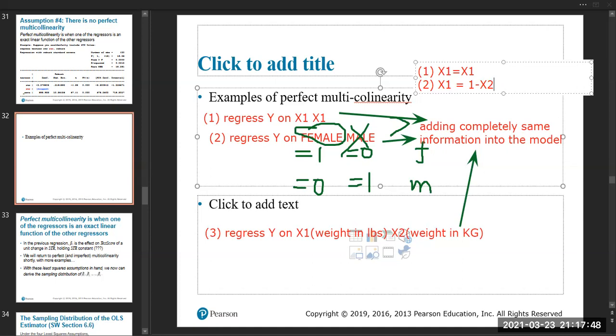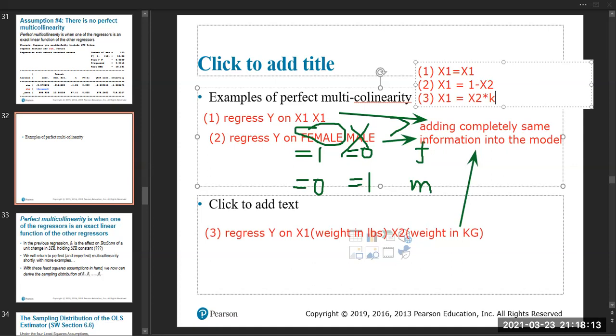And how about 3? x1 is x2 times a coefficient, let's say k, a kg to pounds conversion, which is 2.2 or something.